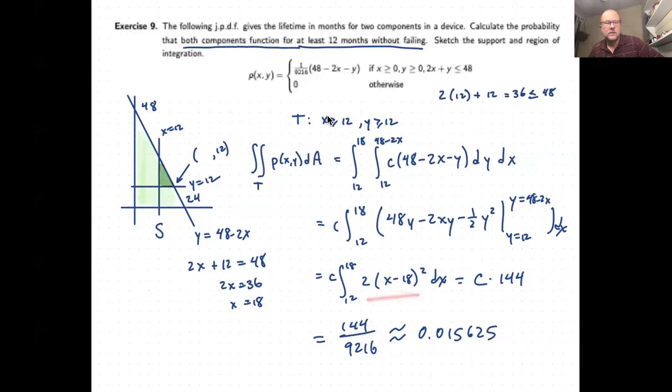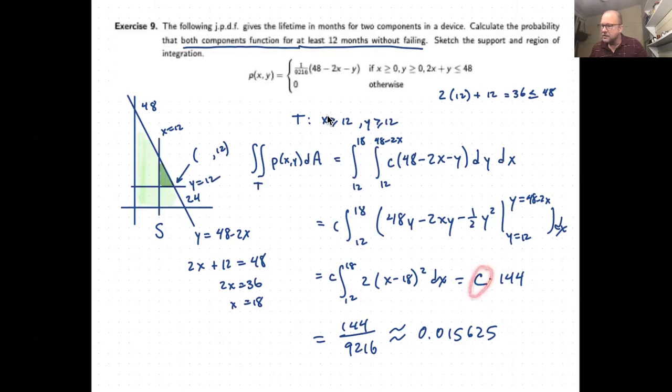But then when I told GeoGebra to simplify my horrifying mess, it turned out to be 2 times the quantity x minus 18 squared, which of course you can do a really simple u substitution on. It's just a u substitution and power rule stuff. So the number you end up with out of that is going to be 144.